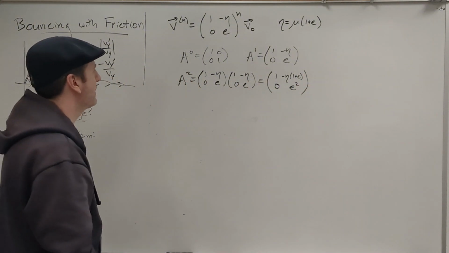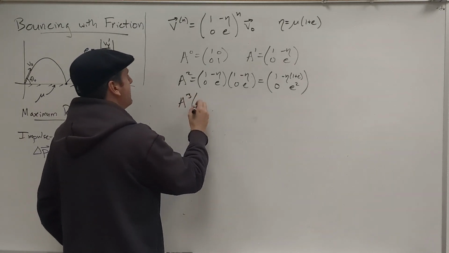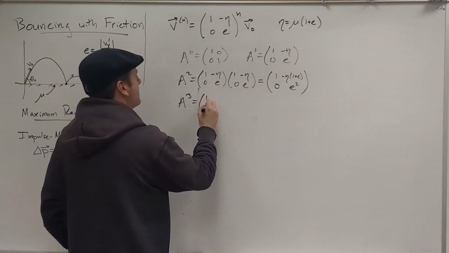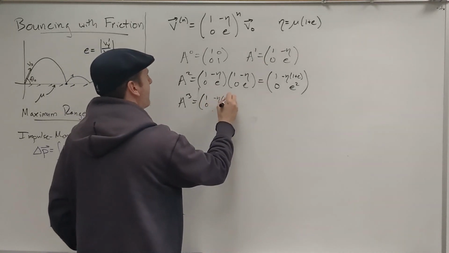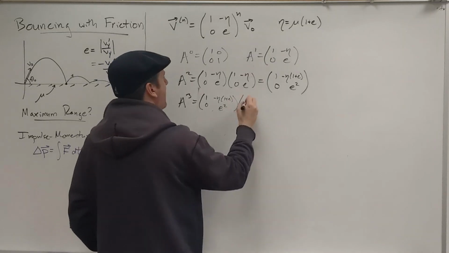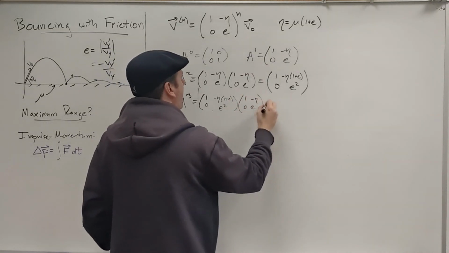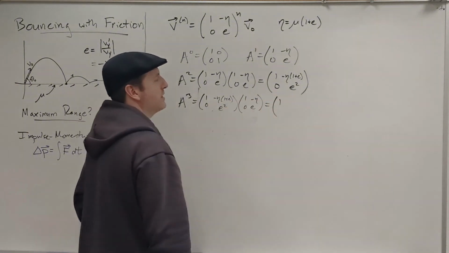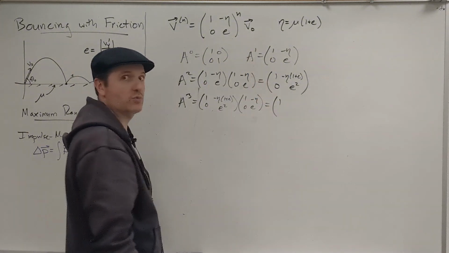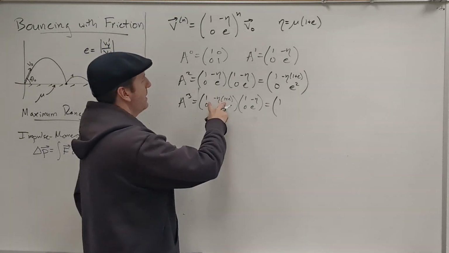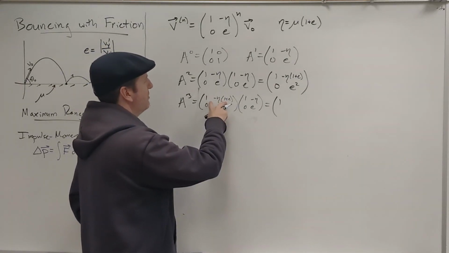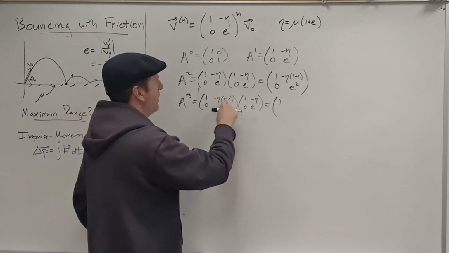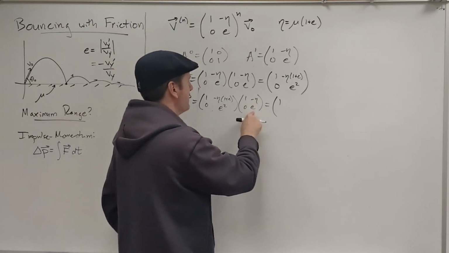Okay, interesting. Let's look at A cubed. And A cubed, of course, will just be this matrix we just got, which is A squared, times another copy of A. All right, let's work that out. So the first one is still giving me a 1, so I'm starting to think that the first upper left entry is always 1, and it is. The second entry is the nasty one, so I'll have a minus eta, and then a minus eta times 1 plus e times e.